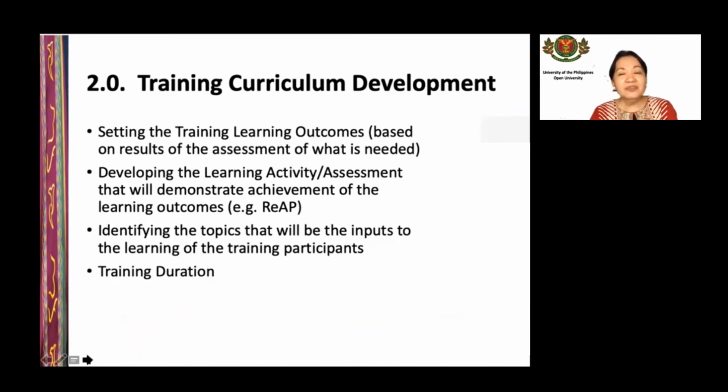So training curriculum development. So nakita na natin, ano ba yung mga kailangan nila? So let's now develop the curriculum. Okay? Let's now develop the curriculum. So let's set the training learning outcomes. Ano ba yung gusto nating makita sa kanila? So for instance, in one training session that I am doing, my learning outcome, and I'm not so sure if some of you are also participating in that, especially those universities who are offering programs on agriculture.